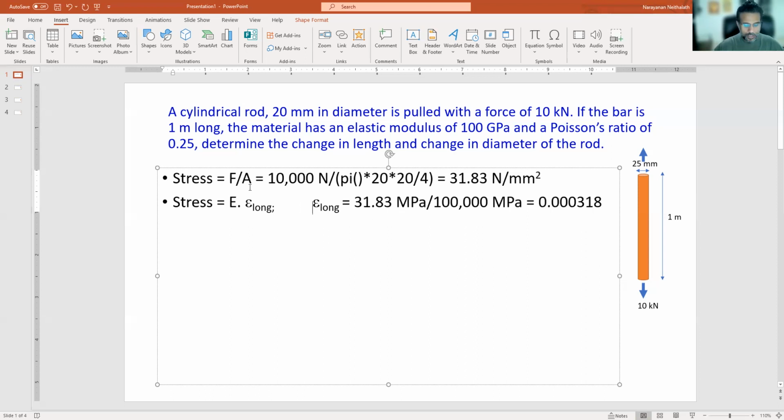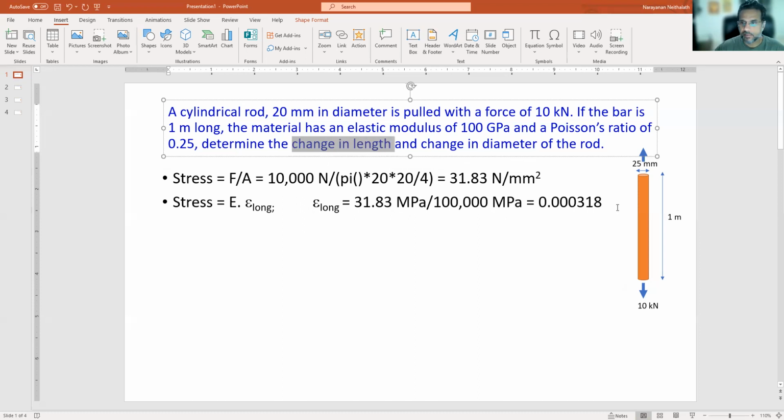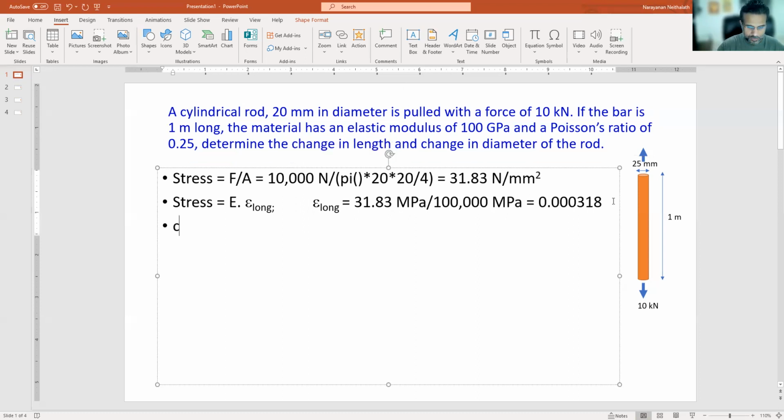Once you know this longitudinal strain, what are you asked? Change in length, right? So change in length, which we used to call delta L, is nothing but longitudinal strain times length. All of you remember this. Because longitudinal strain is change in length over original length.